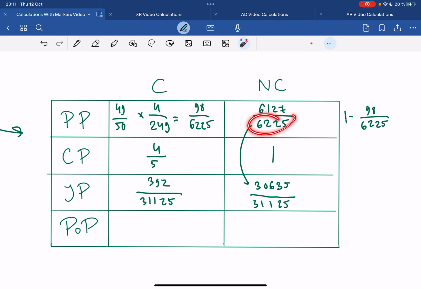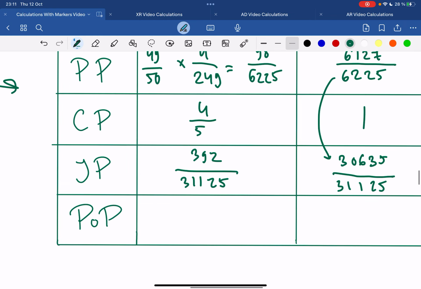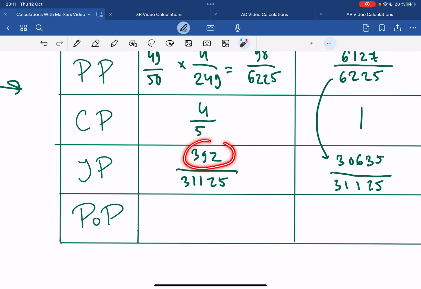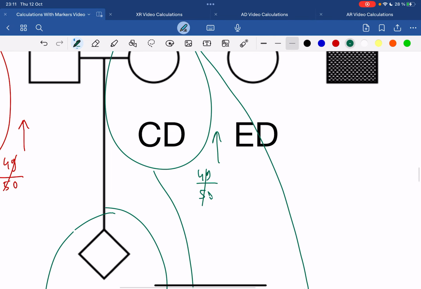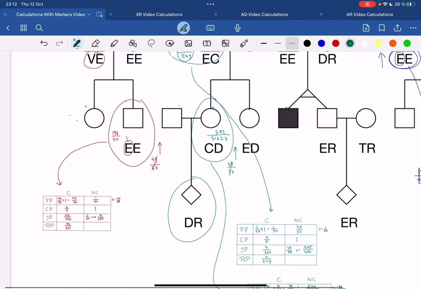So this times 5 and this times 5. And now we can put it up. So this would be on the top divided by this plus this, which would be 31027. And that is the chance that this person actually has 392 over 31027 to be affected.